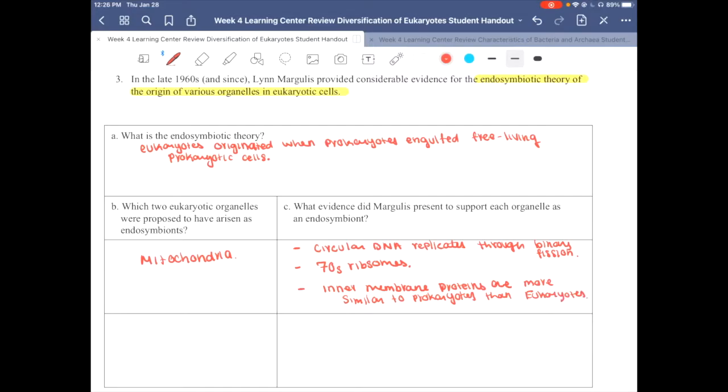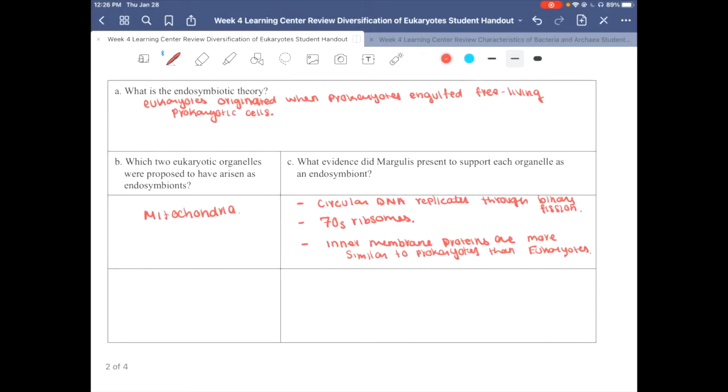Can anyone give me another example of organelles that were produced through endosymbiotic theory? Yes, great job, chloroplast. So what are some evidence for why chloroplast came about through this theory?